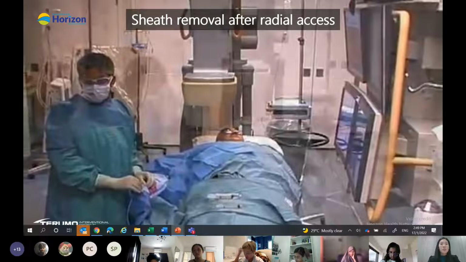So after the procedure, what happens is you need to remove the sheaths, right? You need to remove the device from the access site. As you may remember, there are two access sites. One is your arm and one is your leg or your groin. So let's first look at the sheath removal after radial access.